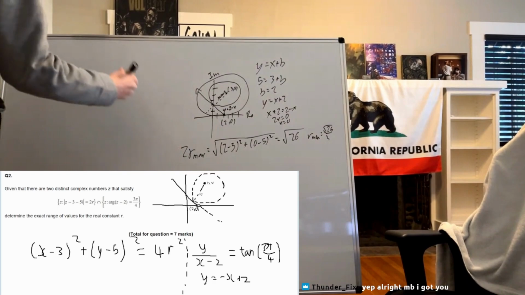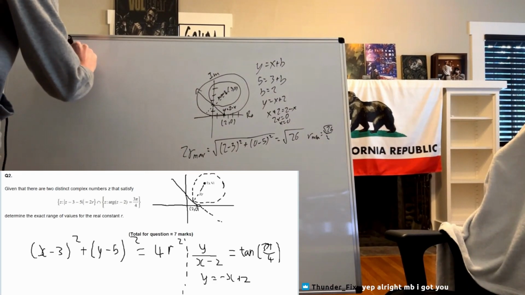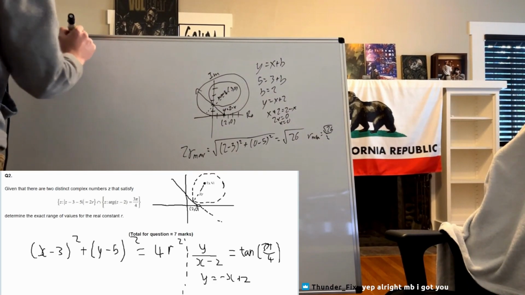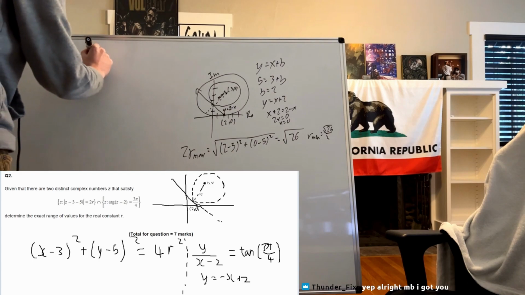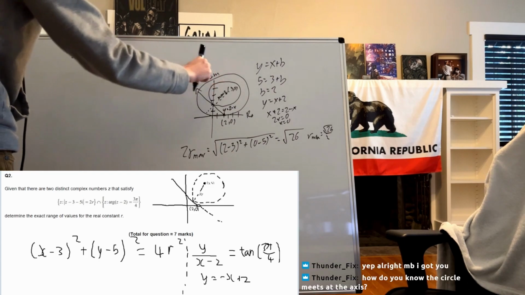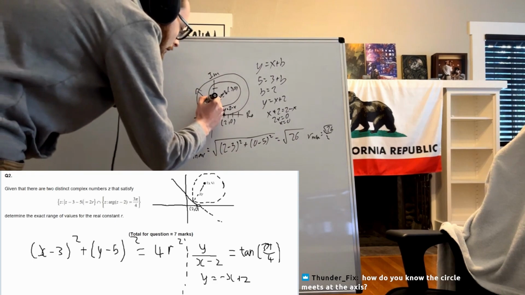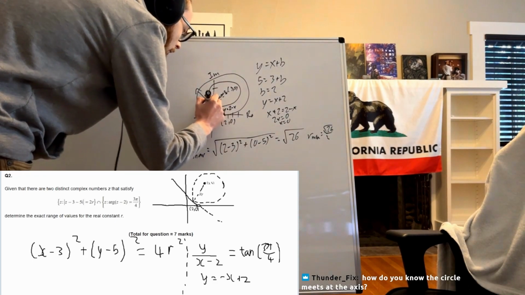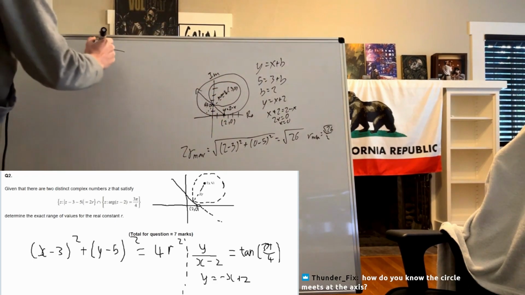So we'll do the same thing. 2r min. Then distance formula with 0, 2, which I'll take as my first point, and 3, 5.